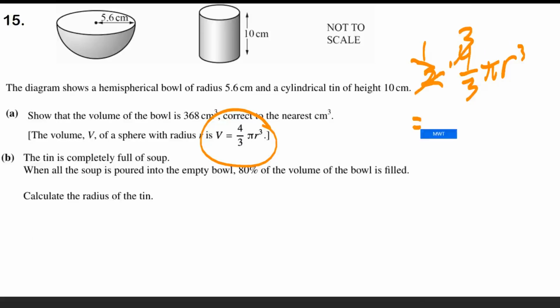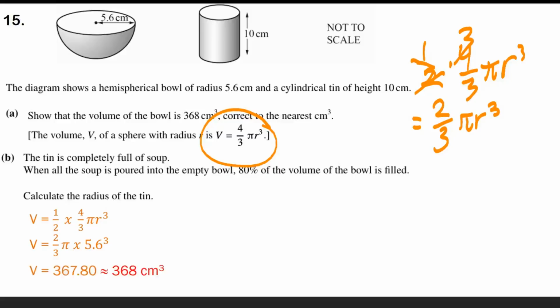Okay, so your formula is 2/3 pi r cubed. So 2/3 pi r cubed, substitute the radius, that is 5.6 cubed, equals 367.80, or rounded off to the nearest cubic centimeter, that is 368.